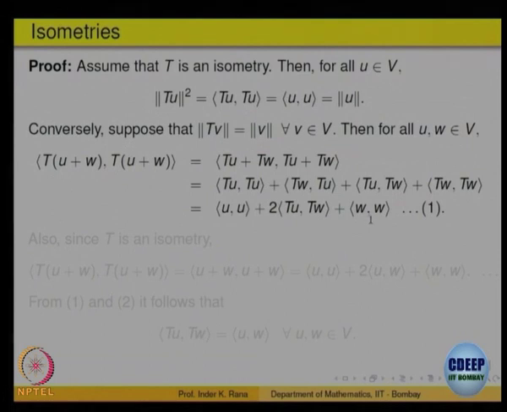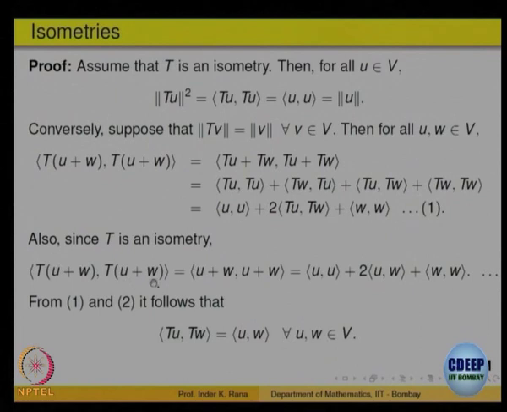But T is an isometry, right. Okay, not that T is an isometry, one should actually be careful. What is this equal to? Tu comma Tw, so expand that. From these two, what do you get? Norm is preserved.